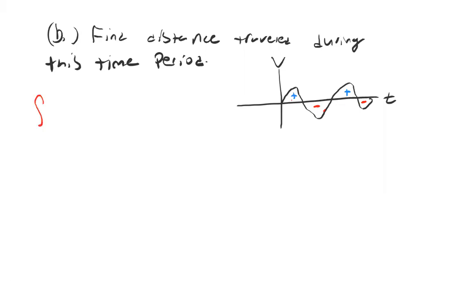And let me switch back to black. I want to make this function totally positive. The way I can do that is by integrating the absolute value of v. Okay, so how does this help us?